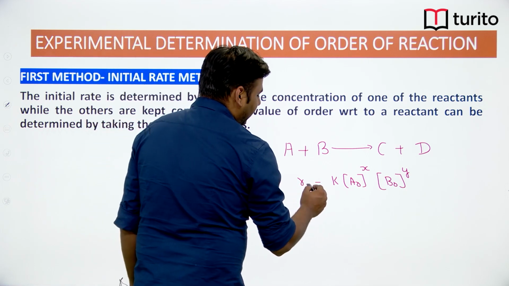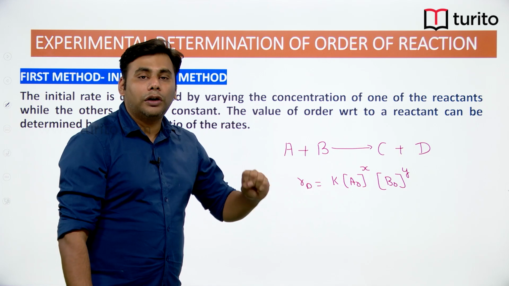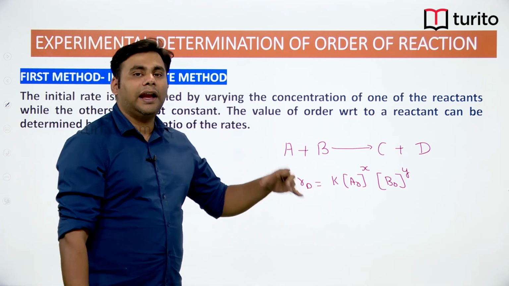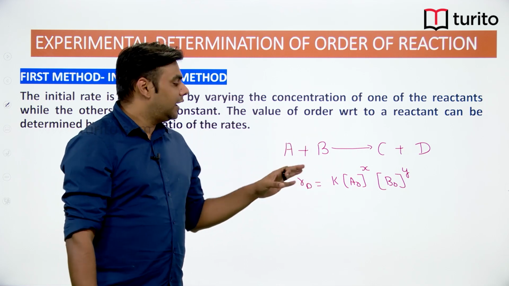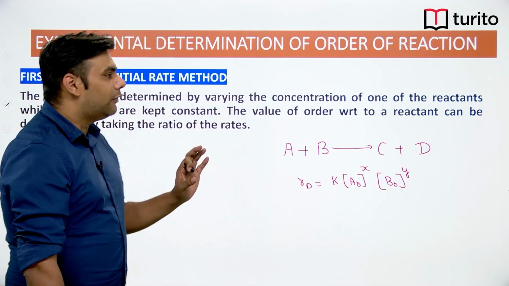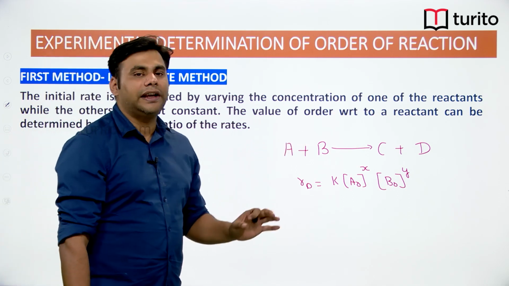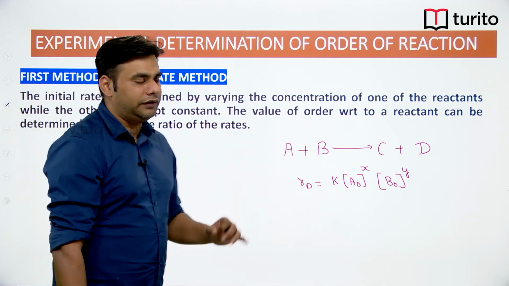So we are going to get a rate expression. Experimentally, we take a certain amount of A and a certain amount of B, carry out the reaction, and calculate the initial rate. Now we keep the concentration of one of the reactants constant and vary the concentration of the other.